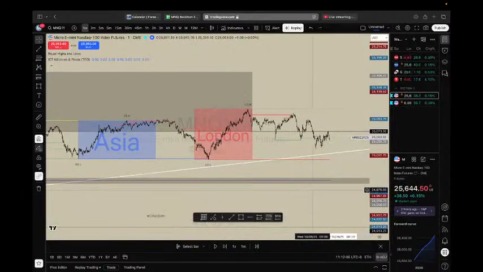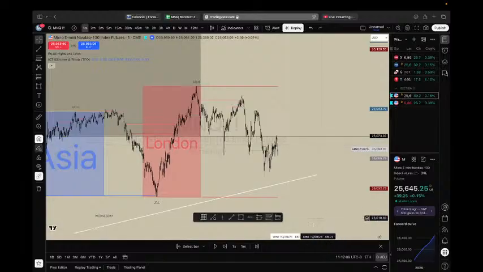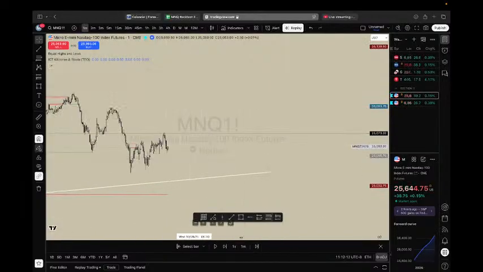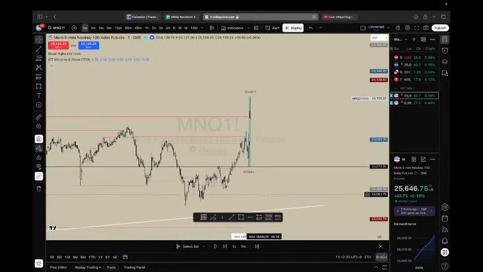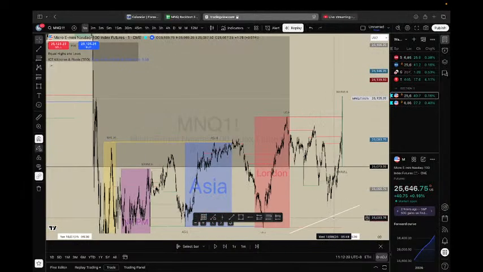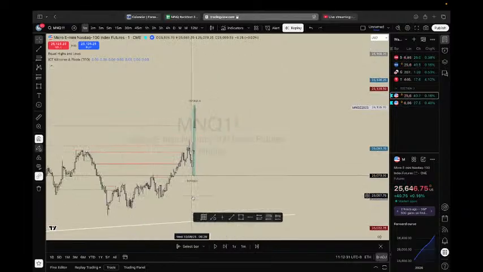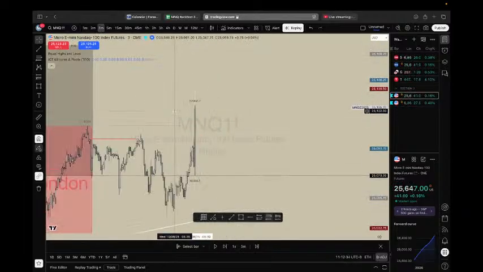Open this. Boom, boom. We are inside of this fair value gap. Let's look at the 3-minute. Fair value gap formed right there. More price action.